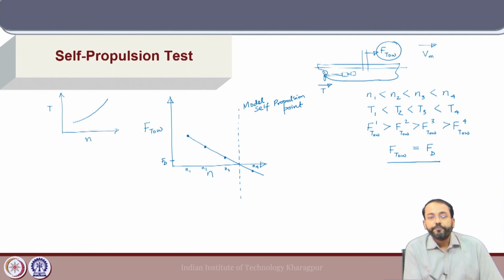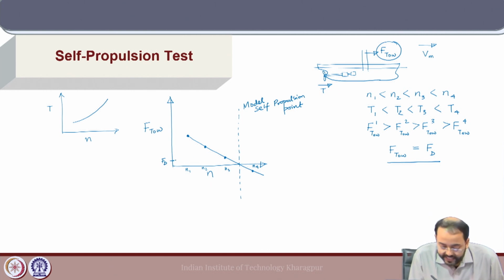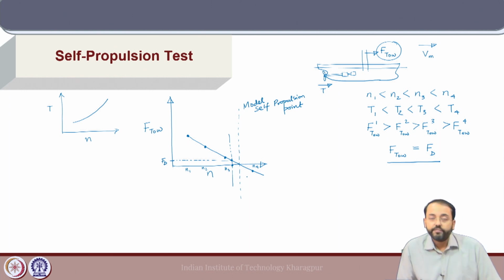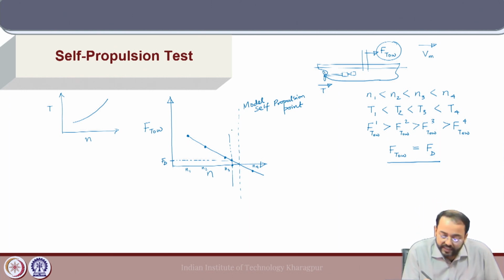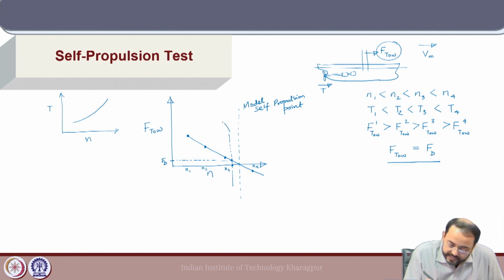Now, if we do an interpolation, then we can get this particular point and calculate the value of RPM at that particular point. Now, this is the ship self-propulsion point.